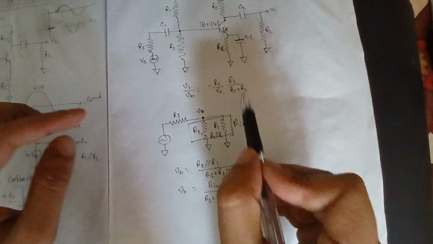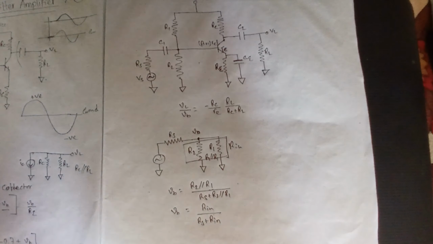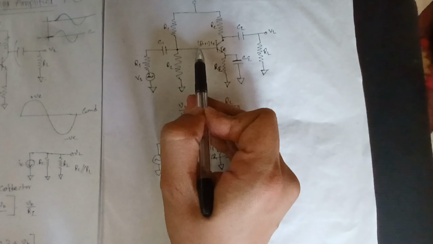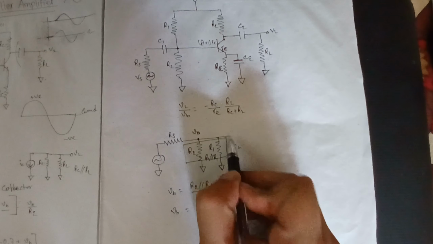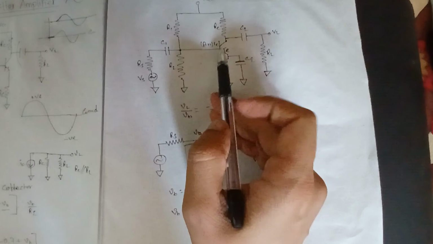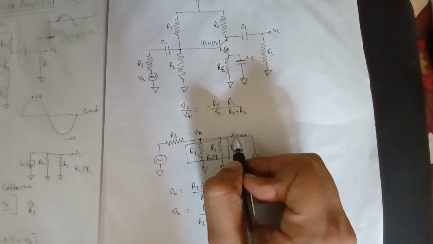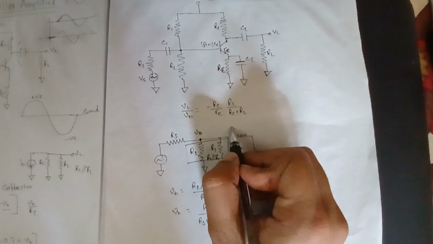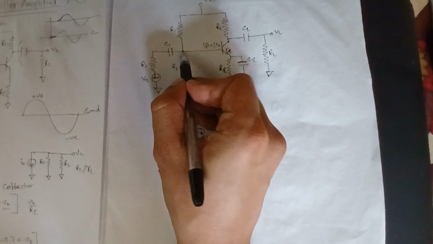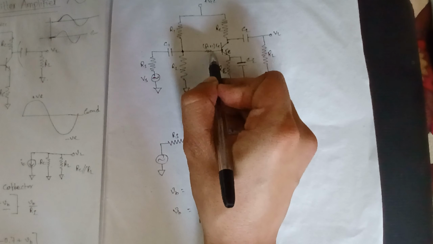Now we'll account for this RE as well. So this is like there's another resistance, and that's going to the ground through this point at the base of this transistor. So it's simply beta plus 1 RE, and the voltage at the base is not at this point but at this point, and there's a resistance here.